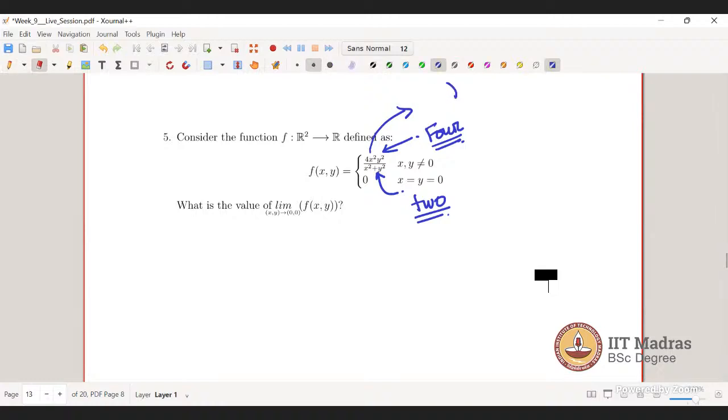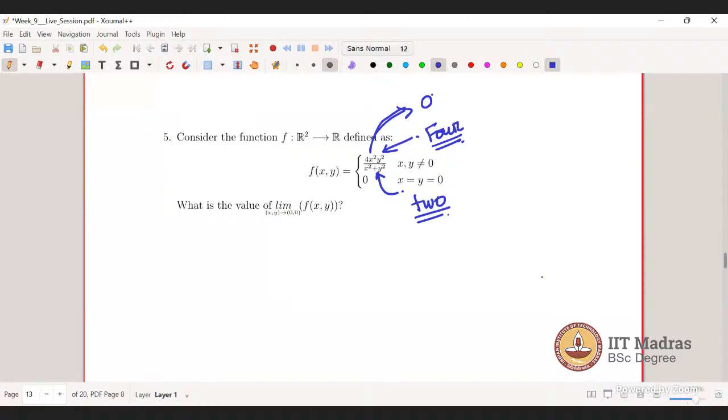Sorry, this goes to 0 much faster than the one below. So that is why you can expect that when you compute the limit at 0, this will go to 0, because this numerator goes to 0 much faster than the denominator.